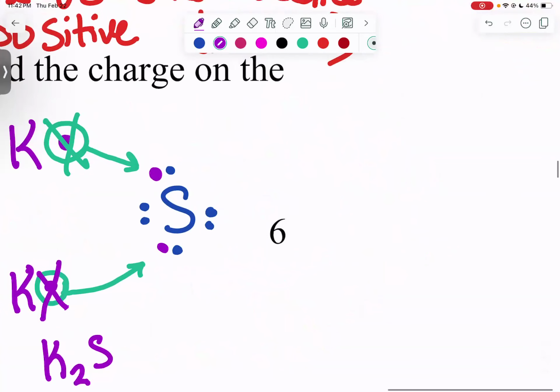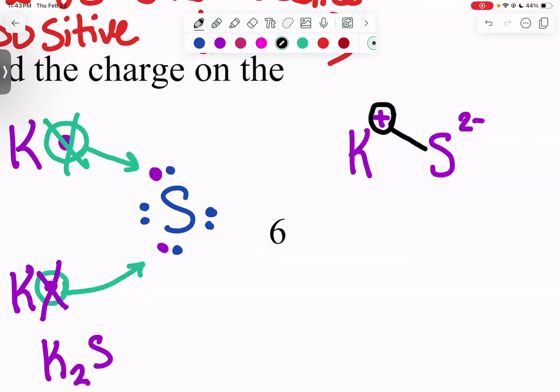You could take the shortcut. So I know I have a potassium atom that has a charge of +1. I know I have a sulfur that is -2, 2-. So in order to complete my formula, all I have to do is do what's called the crisscross method. So you take the charge on one, that becomes the number of atoms on the other. But what does plus mean? Plus means +1. So whenever you go from a charge to number of atoms, you drop that positive or negative sign and you just leave the number.